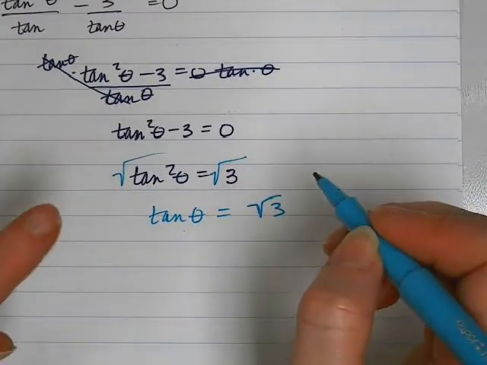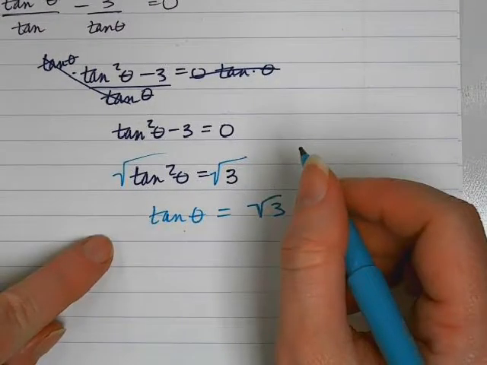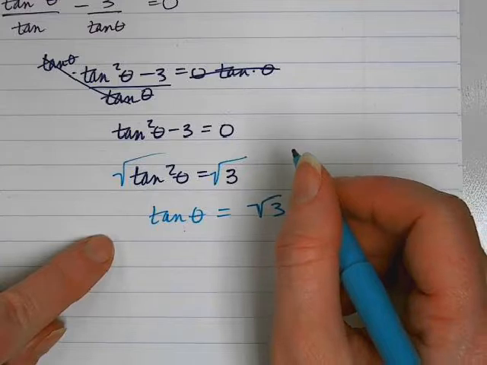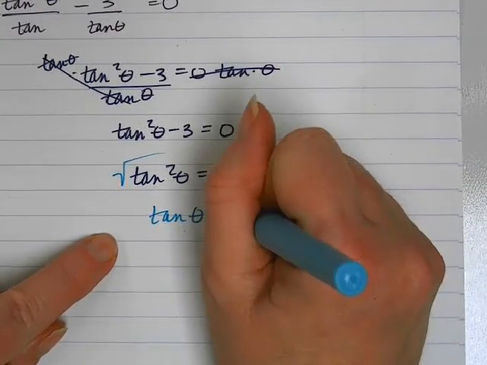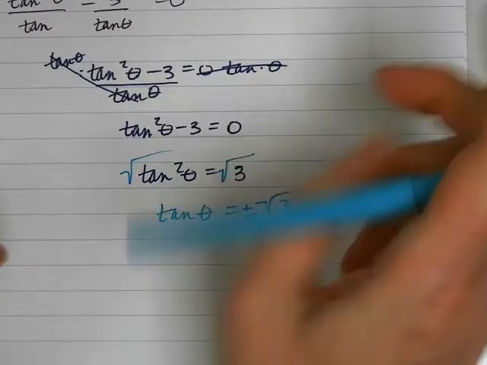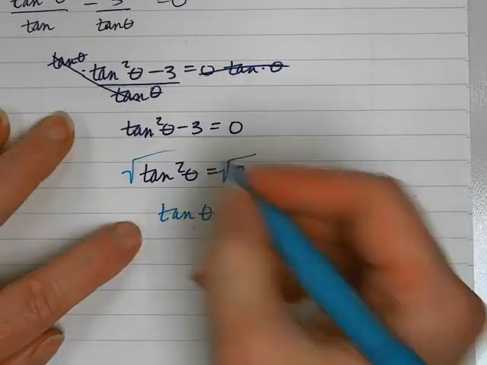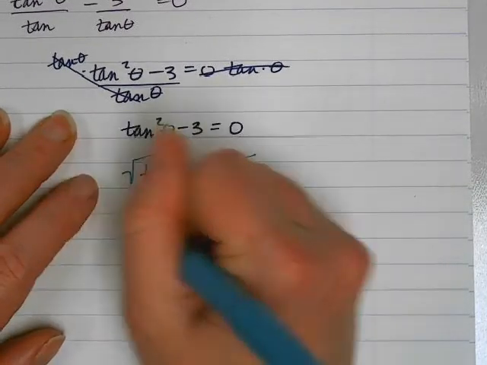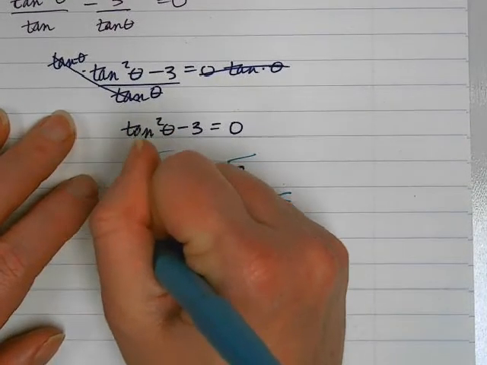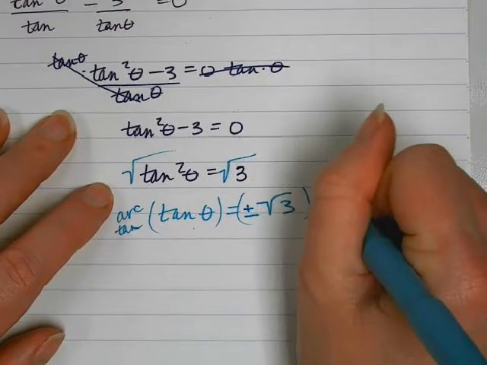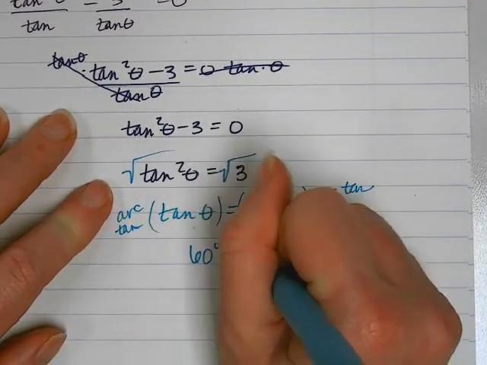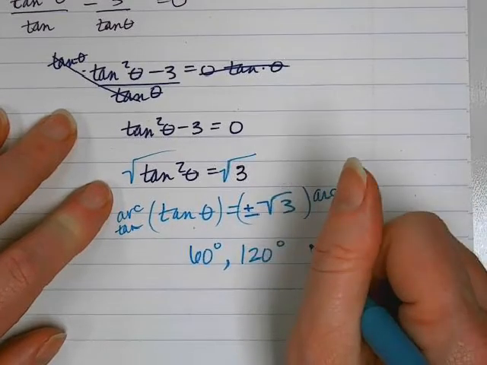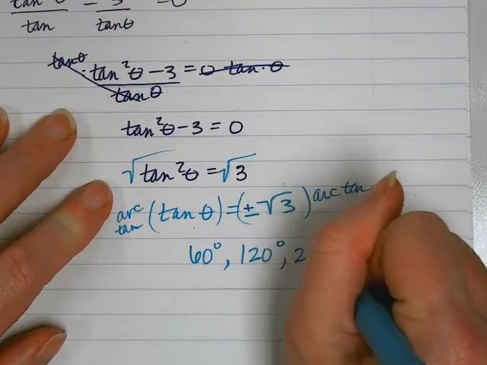Now, when you take a square root, it's positive or negative. So it's going to be in every single quadrant. So I arc tangent this. It's going to be 60, 120, 240, and then 300.